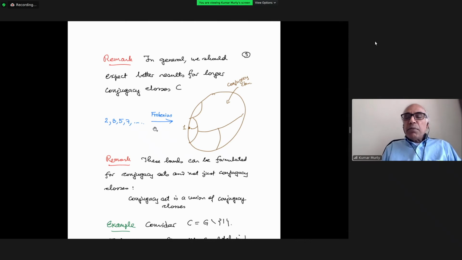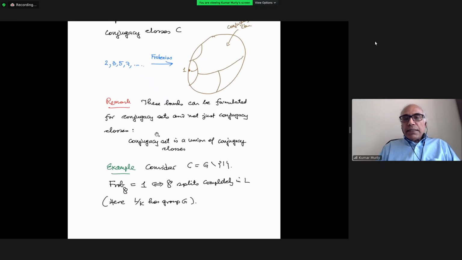But in this problem of the least prime in the conjugacy class also, there should be some dependence on the conjugacy class. You shouldn't just get a theorem that says log discriminant squared or discriminant to an absolute power. There should be some dependence on the conjugacy class, because the heuristic is, if it's a bigger conjugacy class, you'll hit it faster. If you think of throwing primes at the dartboard randomly, then you will have a better chance of quickly hitting a large region. Okay, so the bounds should somehow depend on the conjugacy class, and at the moment they don't. That's something to think about.